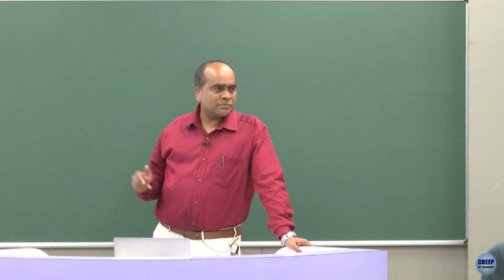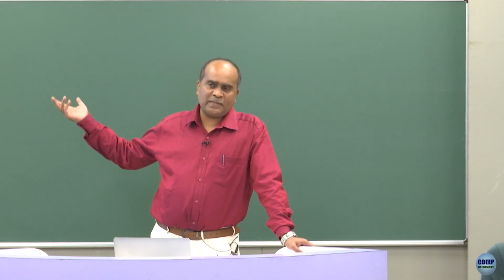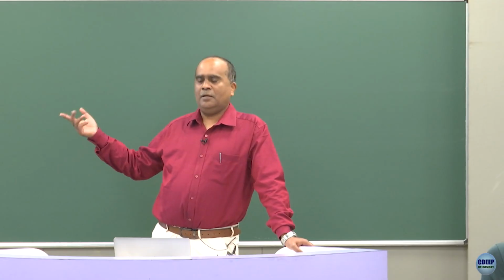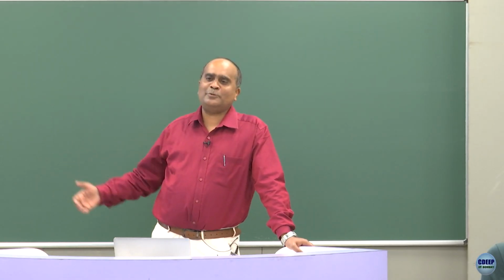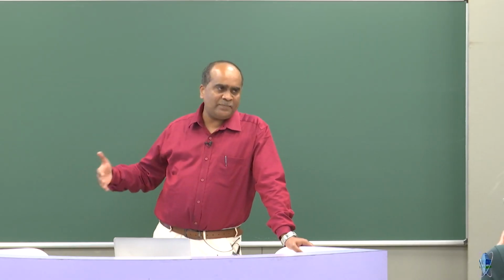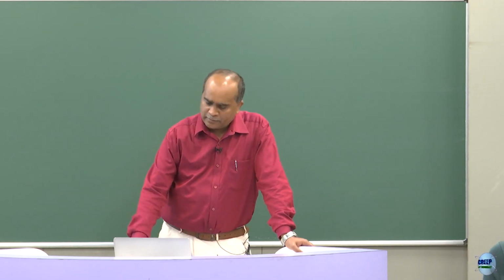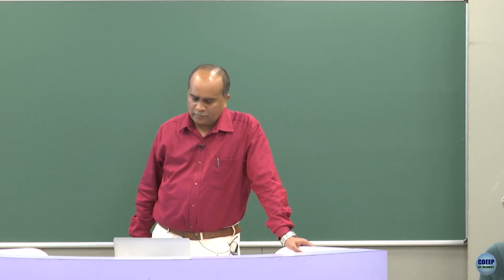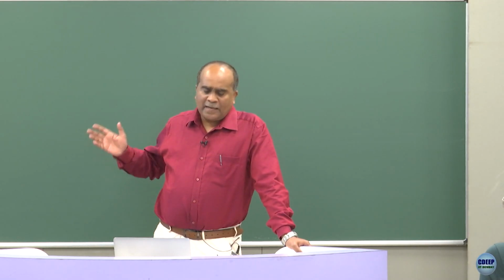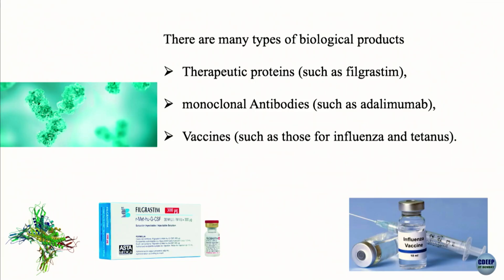For a small molecule of 600 Dalton, you can do some experiments like IR and NMR and it is done, but here that is not enough. You have to do a lot more detailed experiments to find out whether we have the correct molecule or not. There are many types of biological products as we discussed, therapeutic proteins like filgrastim, monoclonal antibodies, vaccines and all those, and that is why it takes longer and is more difficult to get such biological products done.